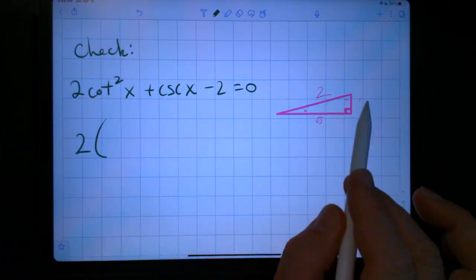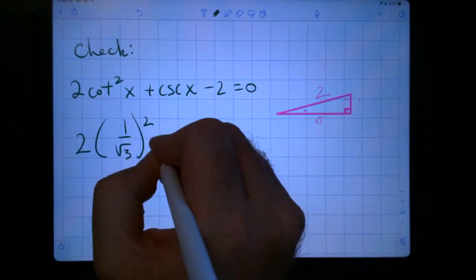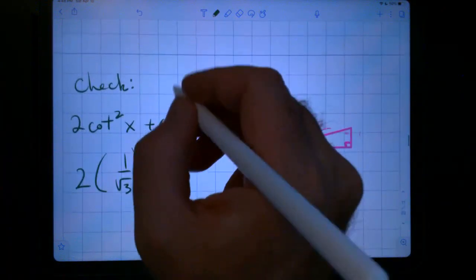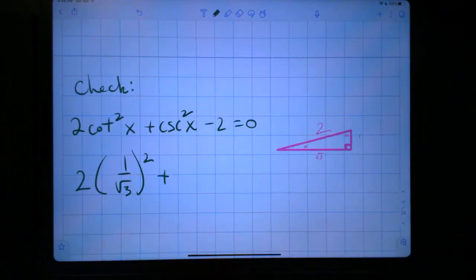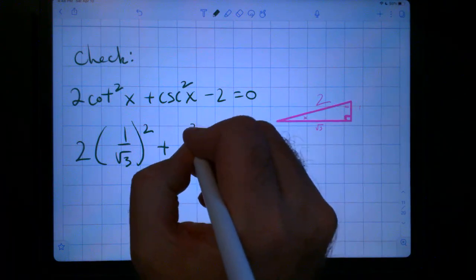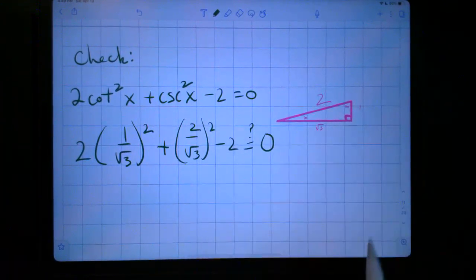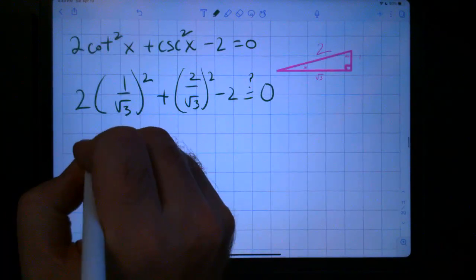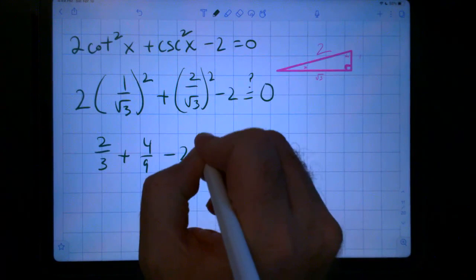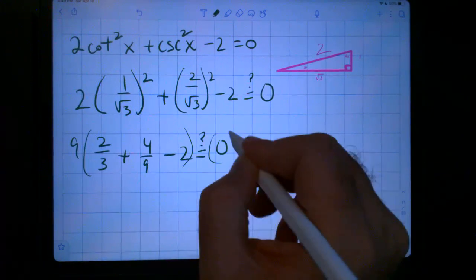So cotangent is going to be adjacent over hypotenuse, and this is being squared, plus cosecant. This is also being squared. Cosecant is going to be the inverse of sine. And this is equal to 0. So we have... multiply everything by 9.